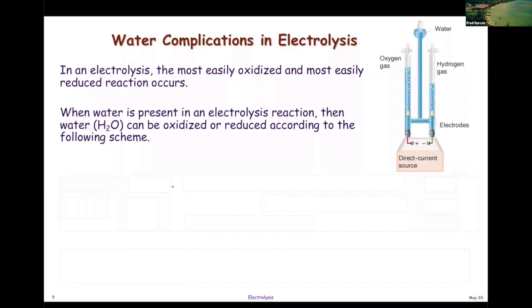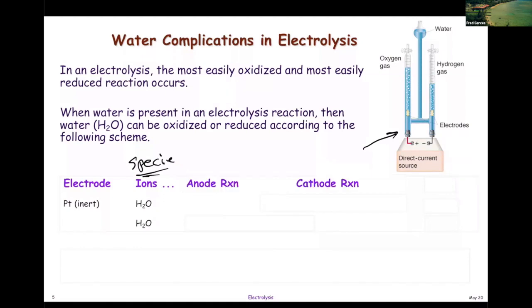In this particular diagram, we have electrodes, which could be platinum wire, and water. Water is not so much our ions, but it's the species that is going to undergo chemistry, because water is not an ion, but it will undergo oxidation and reduction.